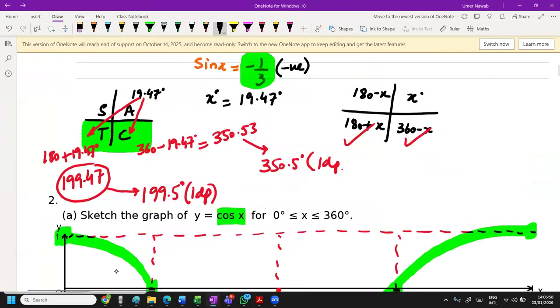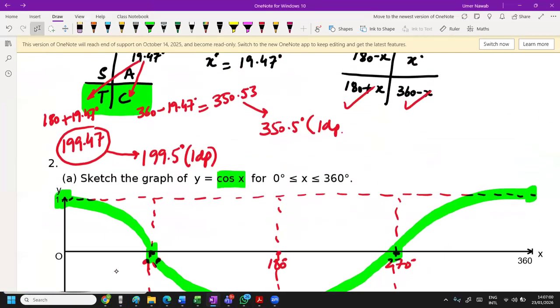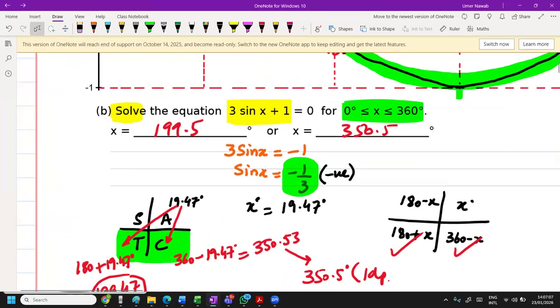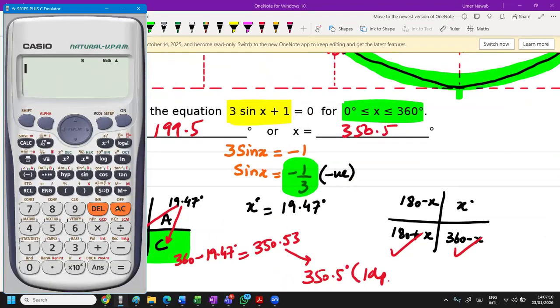If you want to check the previous question's answer, let us do this. What was the question? The question was 3 sine of x, close the bracket, plus 1 equals 0. Shift solve. Now let me put my guess closer to 199.5, so I'm going to put my guess as 180 or 185.